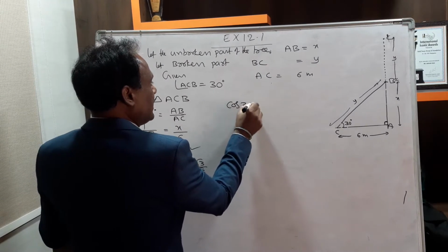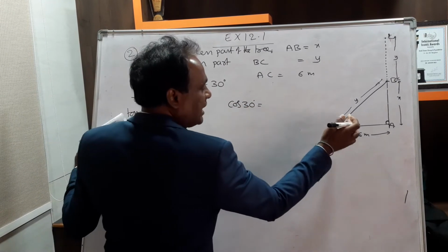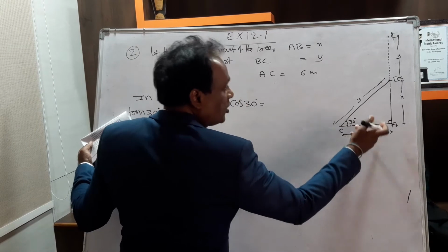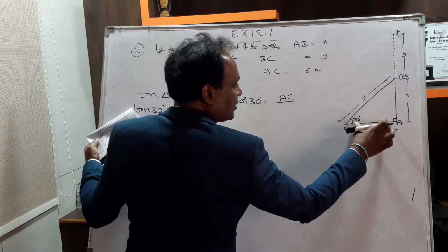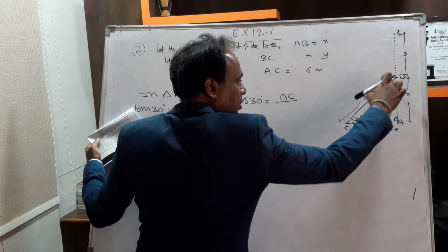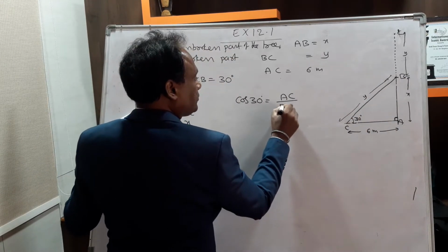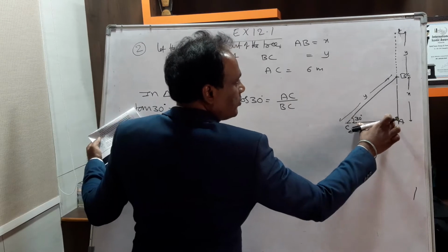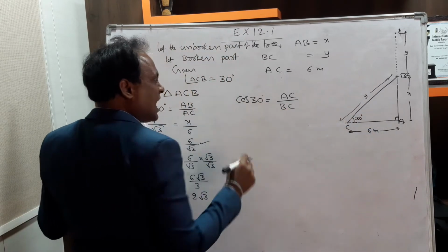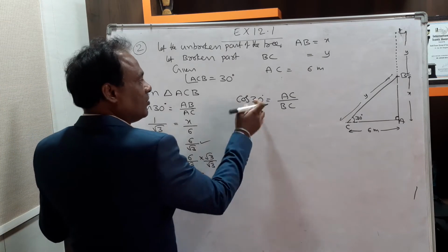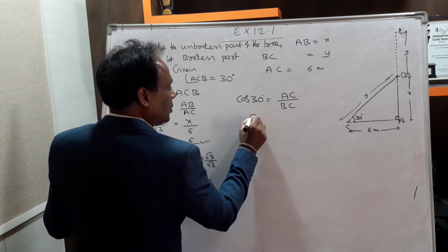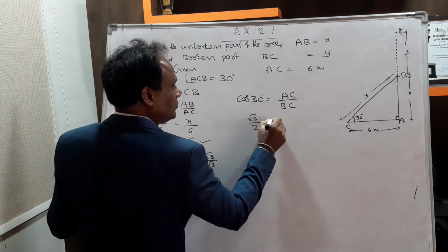Cos 30 degrees is equal to adjacent by hypotenuse, AC by BC. What is cos 30? We studied the values. Root 3 by 2.